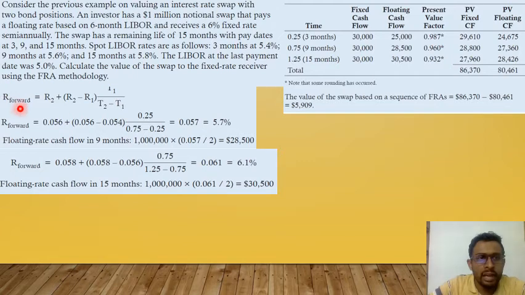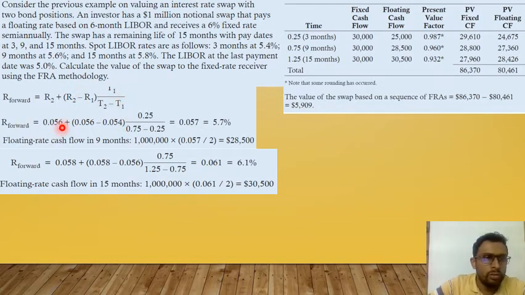For that we'll have to use the formula R forward is equal to R2 plus (R2 minus R1) into T1 by (T2 minus T1), where R2 is the rate at time 2 and T2 is time 2, R1 is the rate at time 1 and T1 is time 1.